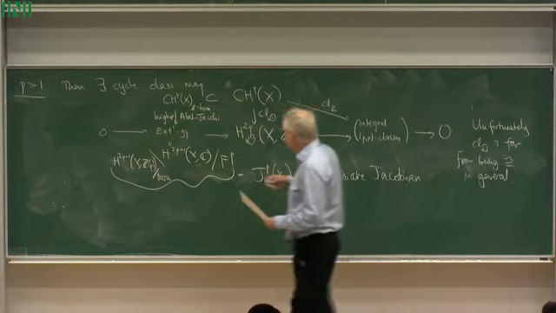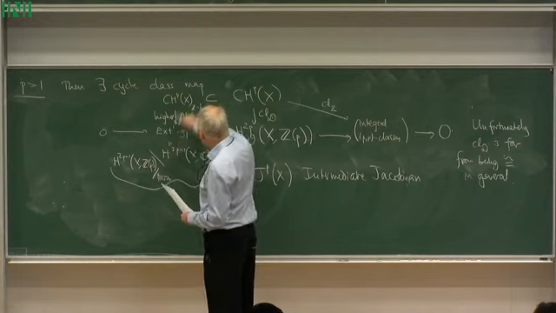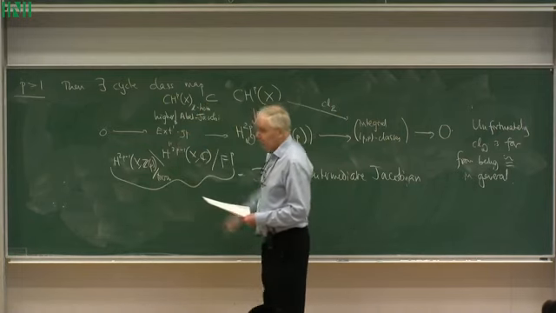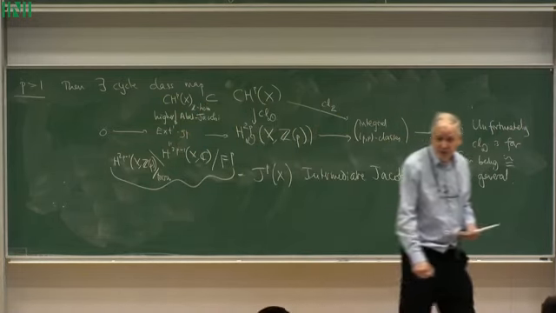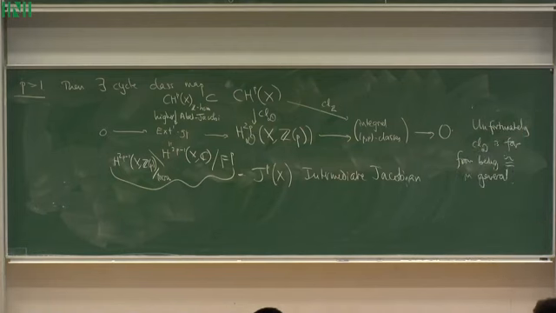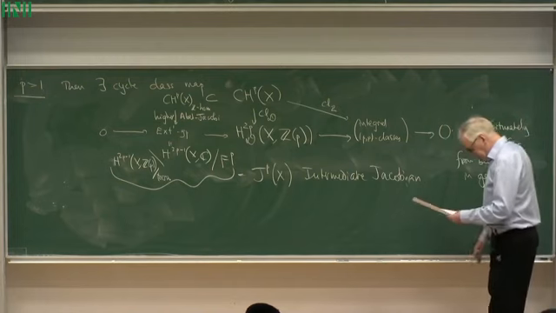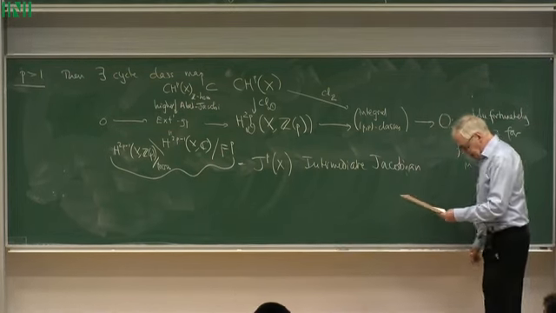For 0-cycles, this map is just the Albanese map, and Mumford shows that the Albanese kernel can be huge. If I had another half hour, I would say more than that. So I won't say really any more about that.